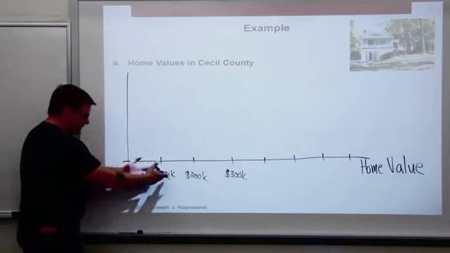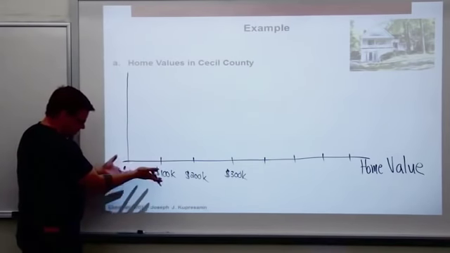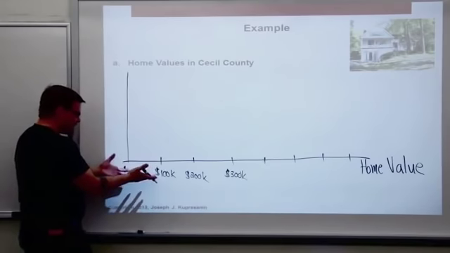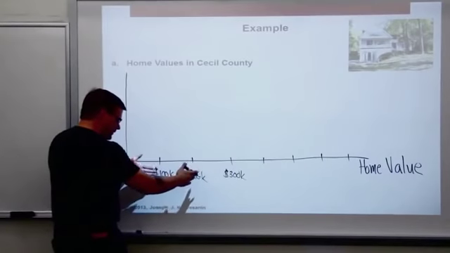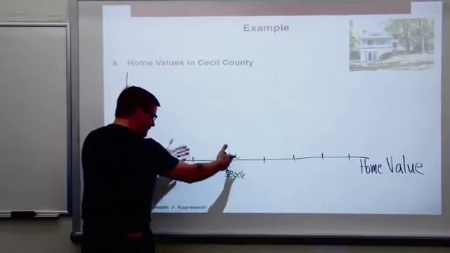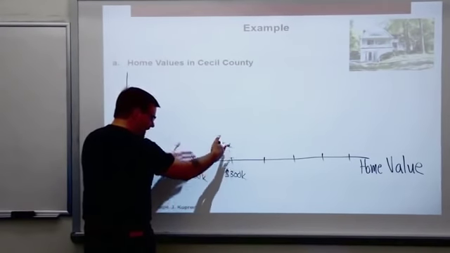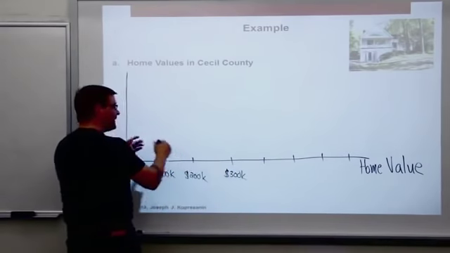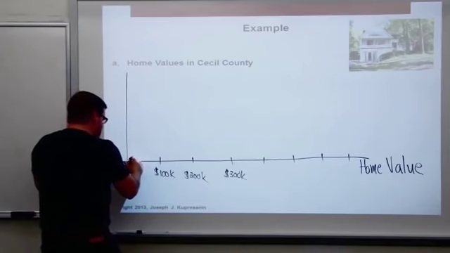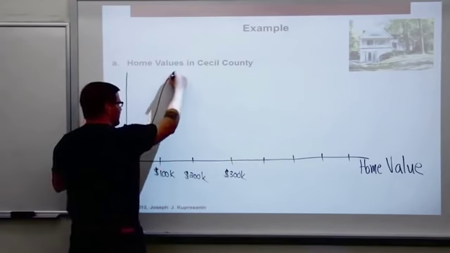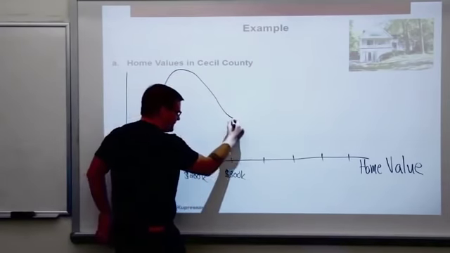Do I have some homes here? These are the cheaper houses in the county. I sure do. There's probably more homes here, between 100 and 200. More or fewer, about the same, or maybe less. I don't know precisely where this is going to peak. But if I tried to draw a smooth curve, I might get something like this.